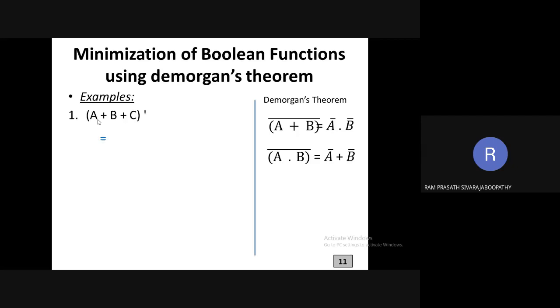Okay, fine. Now what are we going to do here? We have written ā·(b + c) whole bar. That means I will explain.